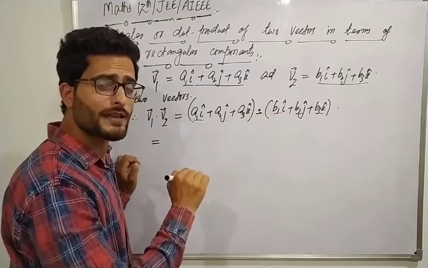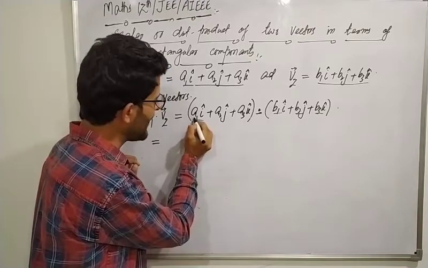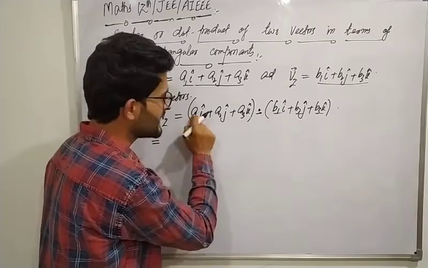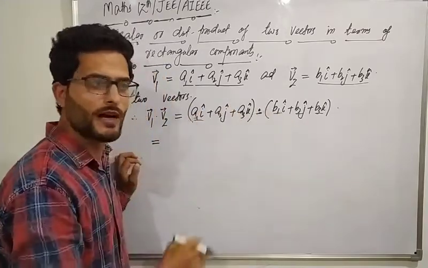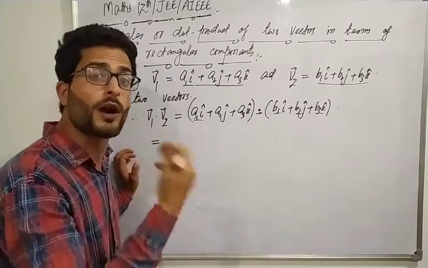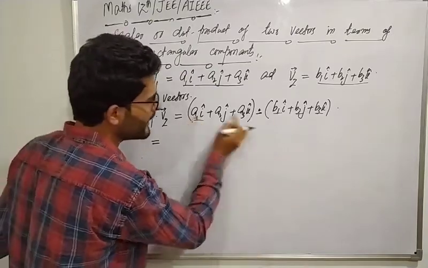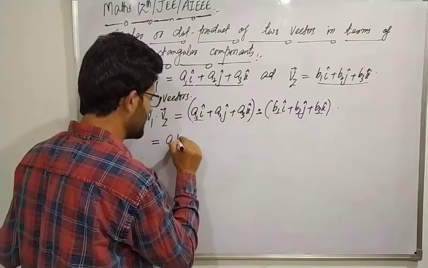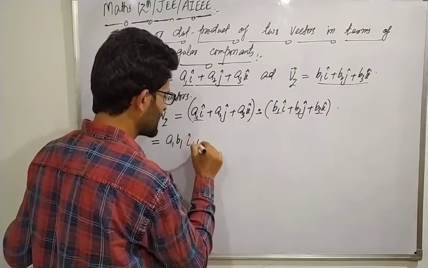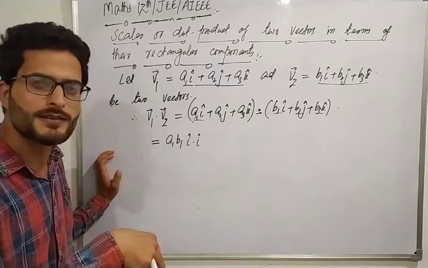डॉट प्रोडक्ट जो है वो किन के लिए है, वेक्टर्स के लिए। लेकिन अगर वेक्टर के साथ में एक स्केलर मल्टीपल है a1, यहां पे भी वेक्टर के साथ में एक स्केलर मल्टीपल है b1, तो स्केलर का डॉट आपस में नहीं होगा, स्केलर और स्केलर का डायरेक्ट मल्टीपल होगा, because dot product is for vectors, not for the scalars. So here directly a1 into b1, that is a1 b1 i dot i, because dot product is meant for vectors, not for the scalars.